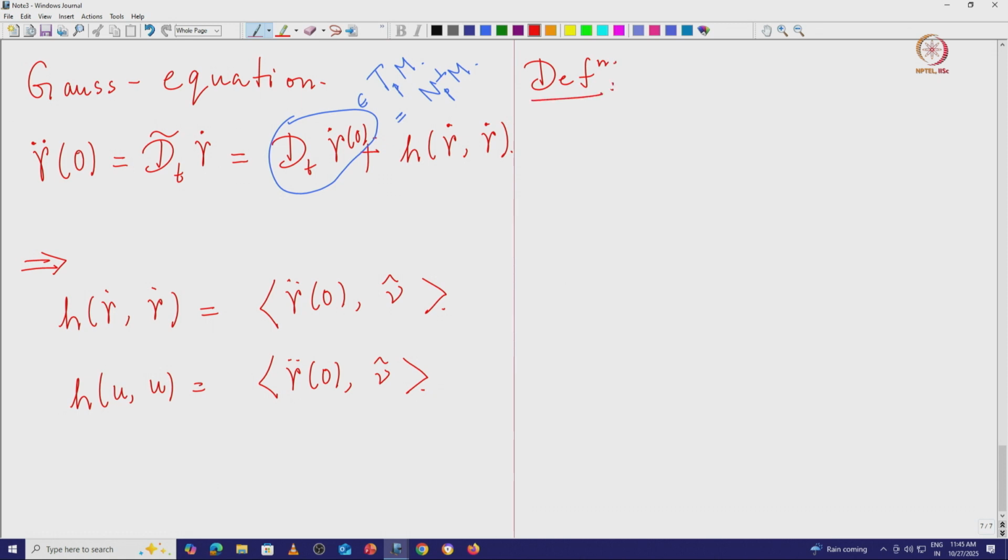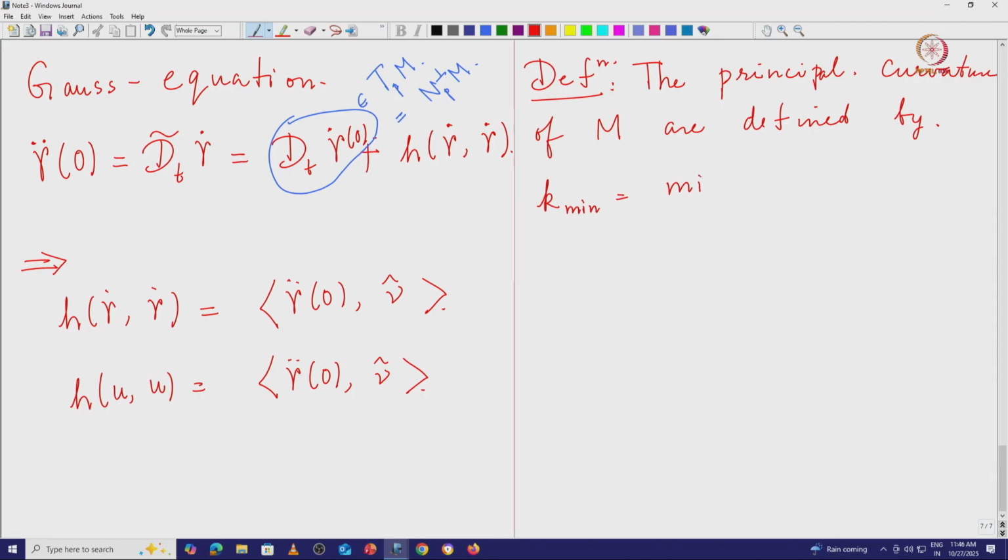So that motivates the following definition. The principal curvatures of M are defined by: K min at P is the minimum over all gamma as above of this quotient.